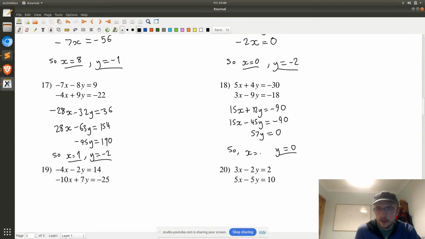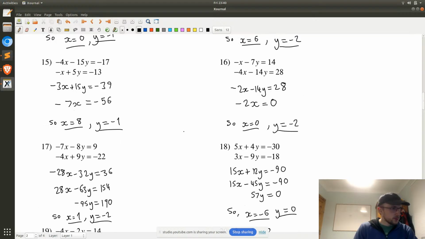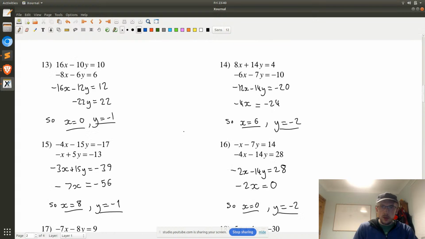And as for x, right. And check. Okay. Looking good. There was an error.